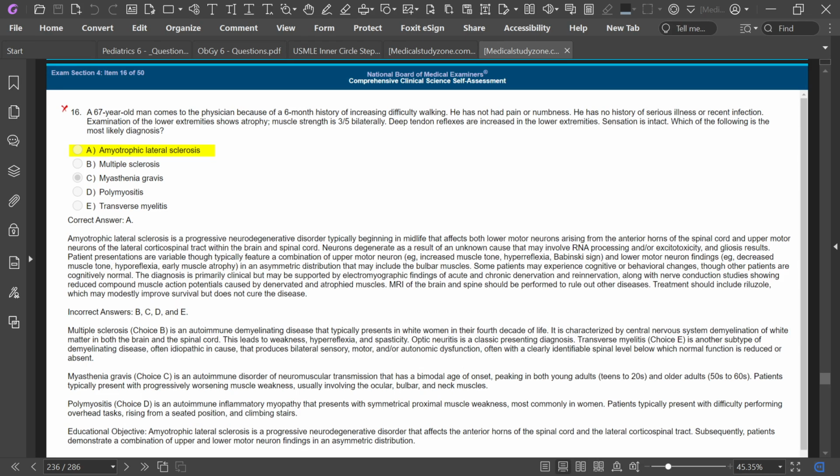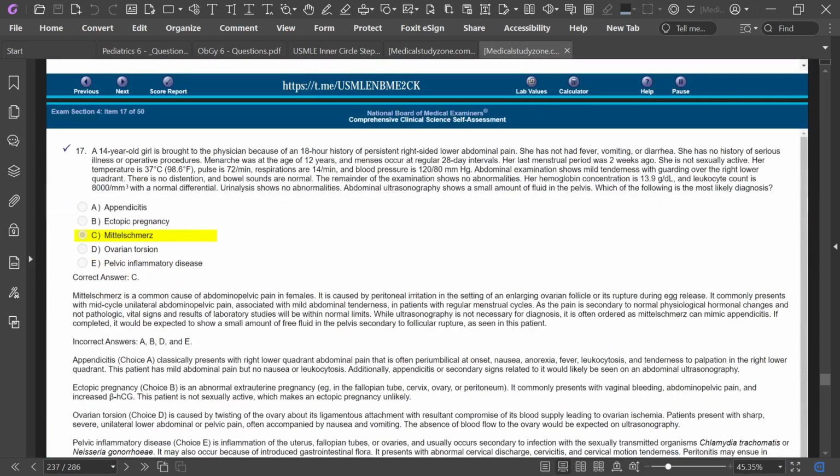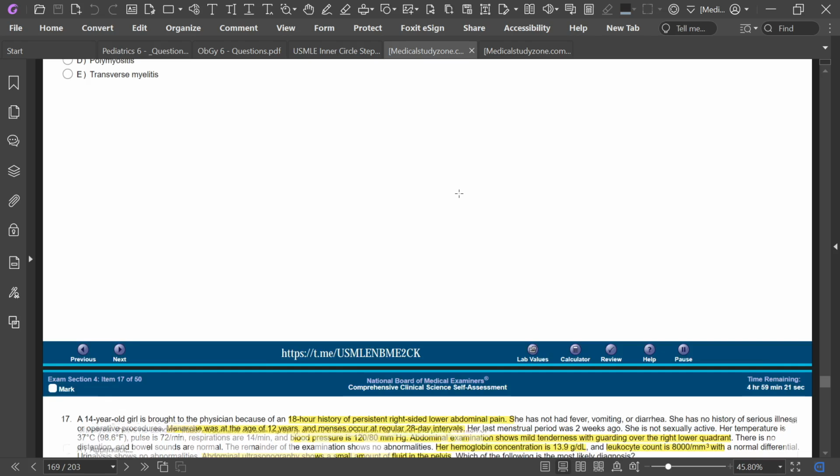Got it. A 14-year-old girl is brought to the physician because of an 18-hour history of persistent right lower abdominal pain. She has not had fever, vomiting, or diarrhea. She has no serious history of illness or surgeries. Menarche was at 12, and menses occur at regular 28-day intervals.